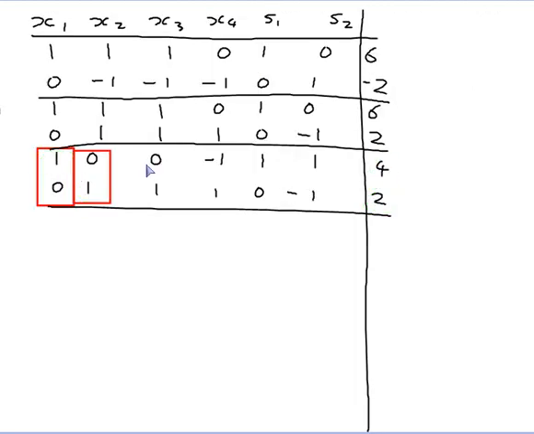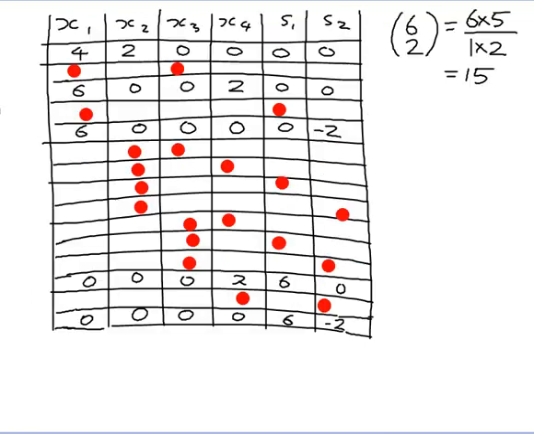And look, there's another one. These two. So that's x1 is 4 and x3 is 2. x1 is 4 and x3 is 2, and all the rest are 0.